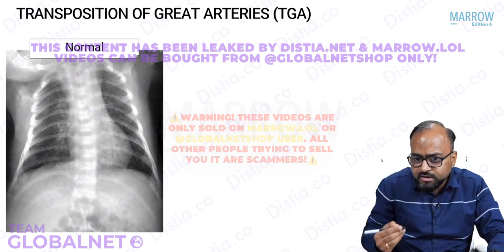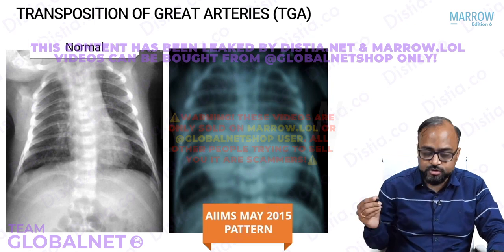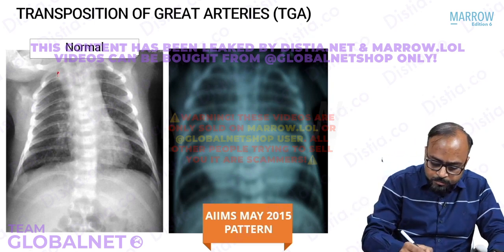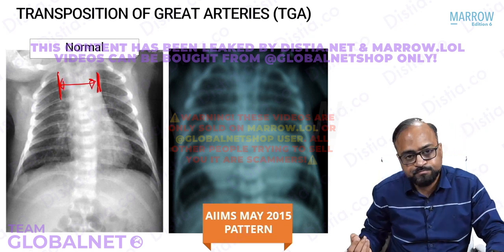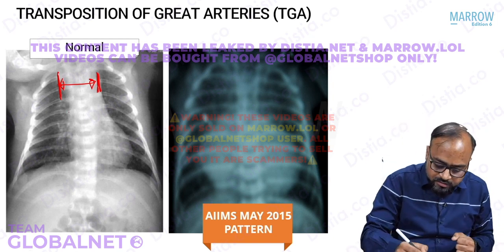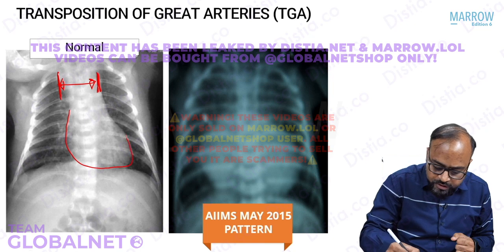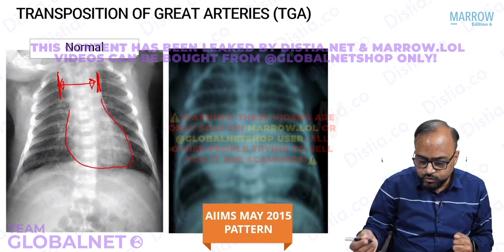Now the appearances in transposition of great arteries, let us compare it with normal. So see here, can you see the difference? Normally in the pediatric age group, the superior mediastinum is usually considered to be wide. Why? Because of the prominent thymus gland, right? Then the heart here looks more or less normal in shape. Look at this particular radiograph here. What do you see?